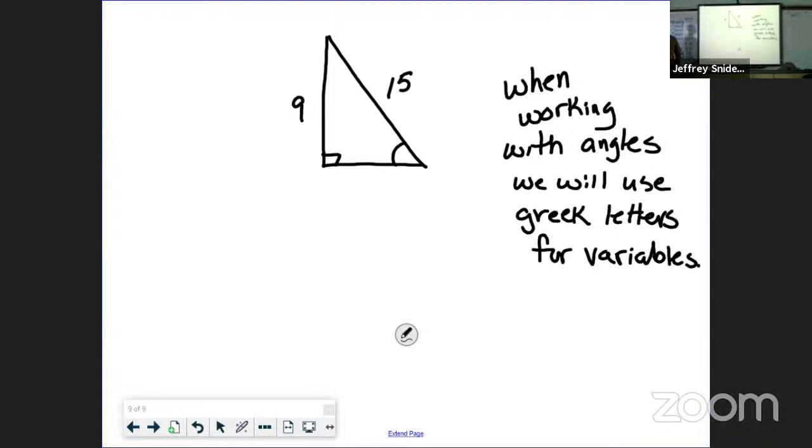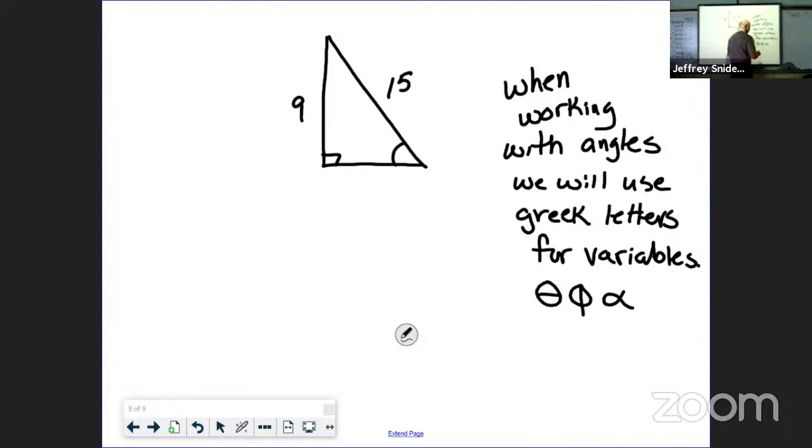I will not usually use X's and Y's, all right? The most common ones that I use are that, which is theta. I also might use this, which is phi. Those are the two most common ones.